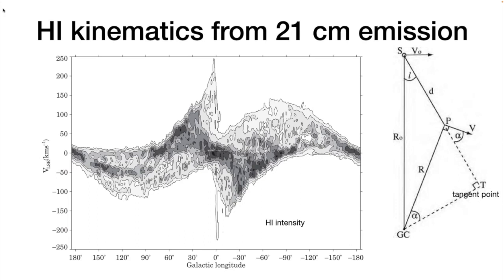And when does that happen? When R differs the most. So the tangent point is where the difference between this radius and R naught is maximum. If you go farther than this, the radius from the center starts to become larger again. So if you are at, say, 30 degrees, the maximum radial velocity corresponds to the tangent point.